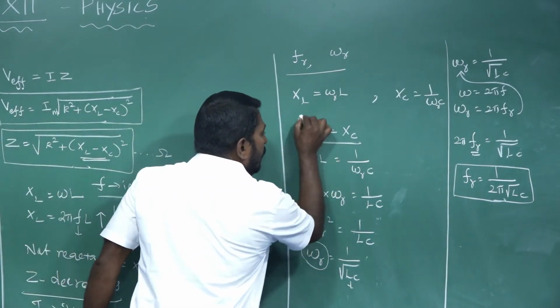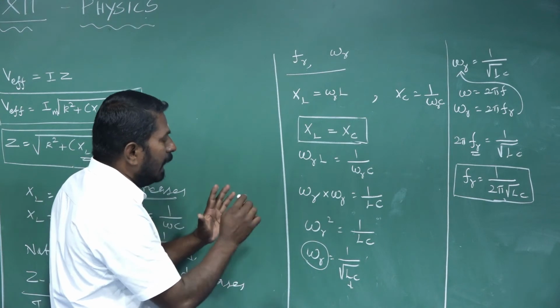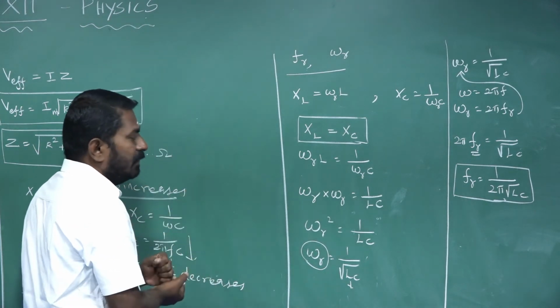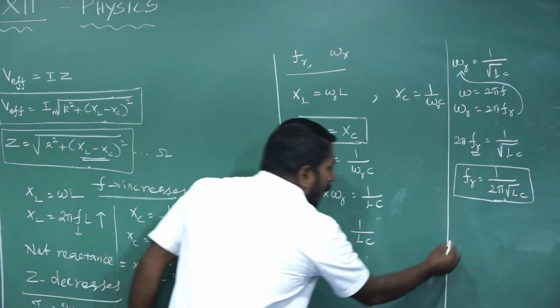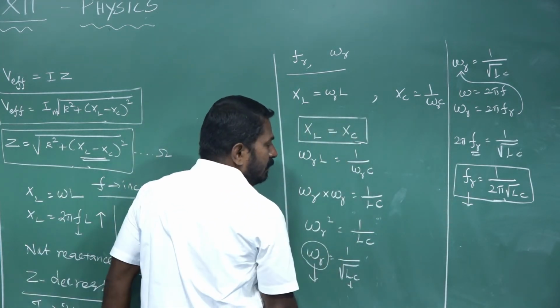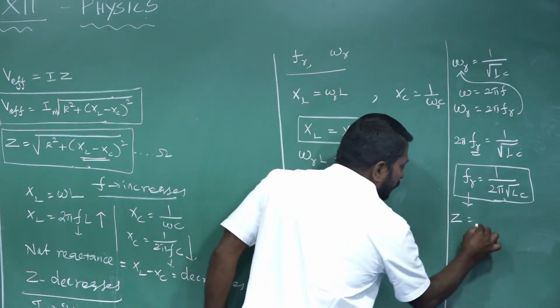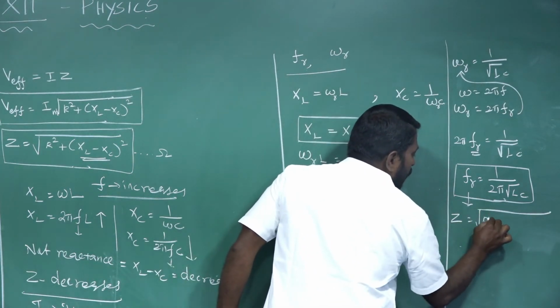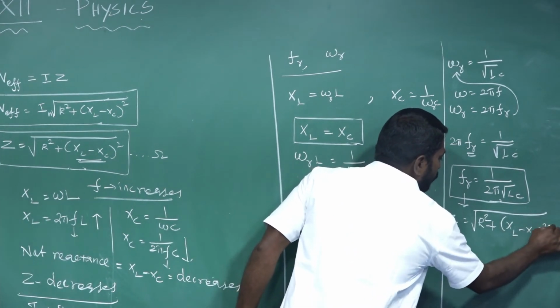Inductive reactance is equal to capacitive reactance, so both are equal. What happens to the impedance of the series RLC circuit at this particular frequency of AC voltage? The impedance of the series RLC circuit is equal to the square root of R square plus XL minus XC whole square.